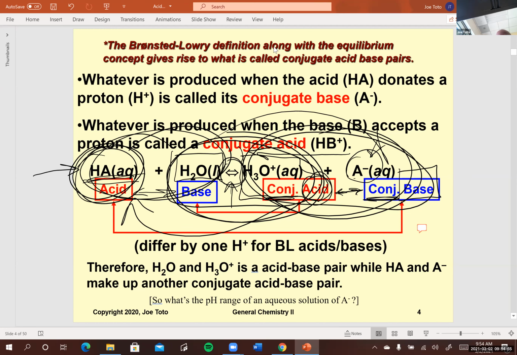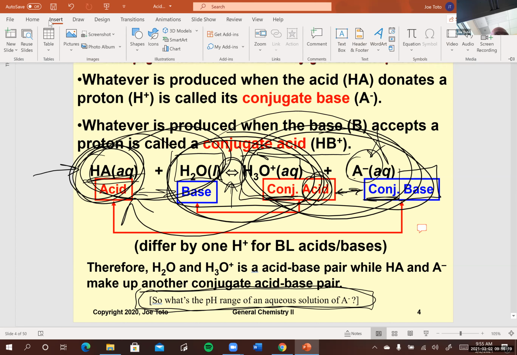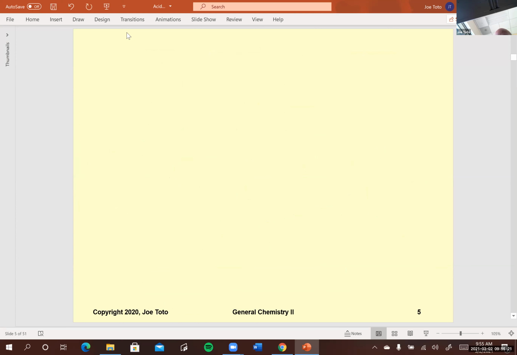Now there's a question down here. See if you can put some stuff together at this point and predict what the pH range for a solution of A minus is. Now, HA is some sort of generic weak acid, so I'm just going to write that here: HA.